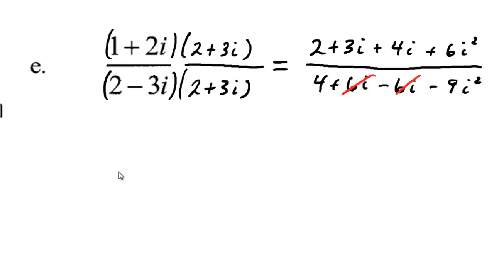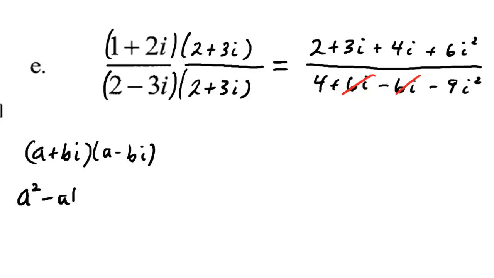Actually, even better, let me do it with the standard form of a complex number, a plus bi. They like using a's and b's. So the conjugate of that is this. If you multiply, doing the FOIL, you get a squared minus abi plus abi minus b squared i squared.